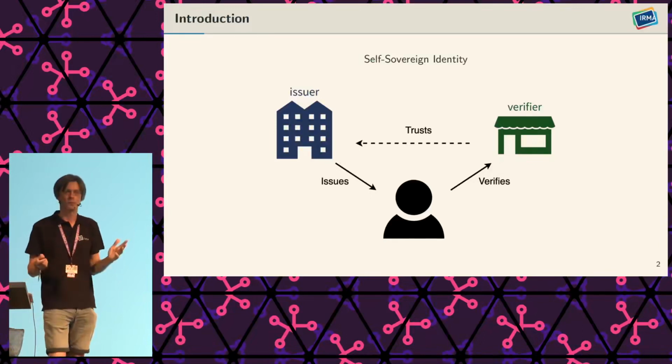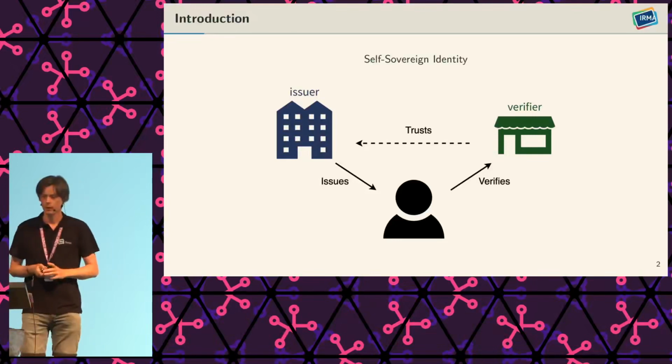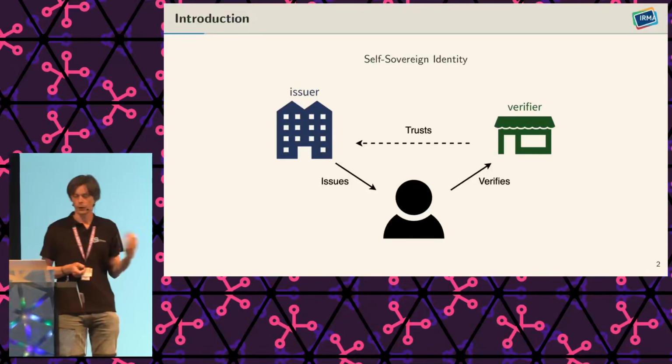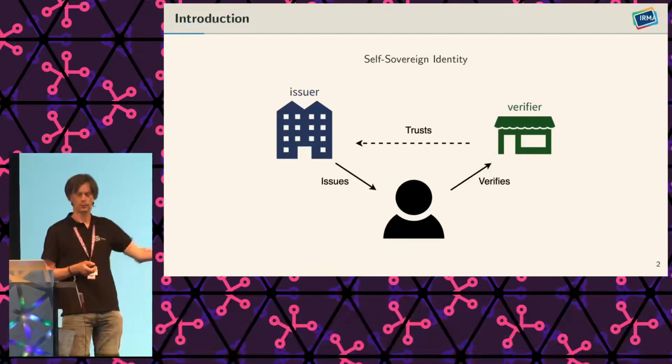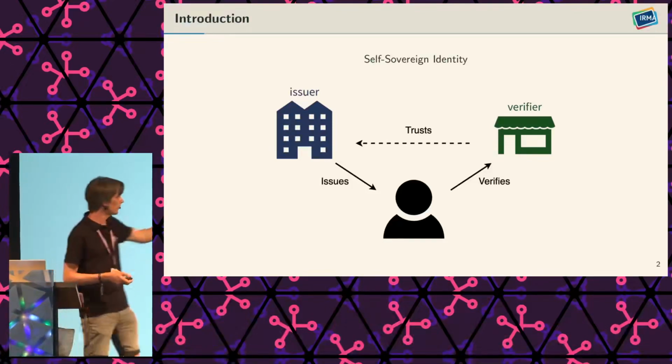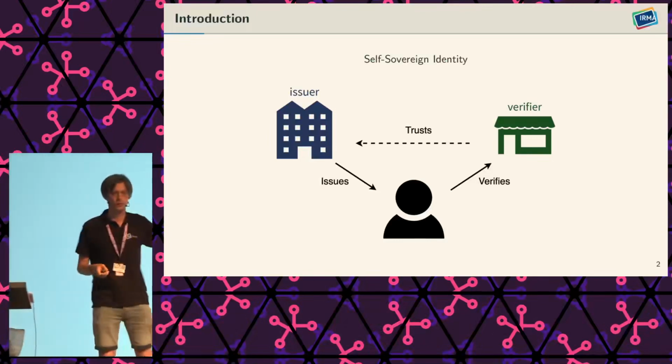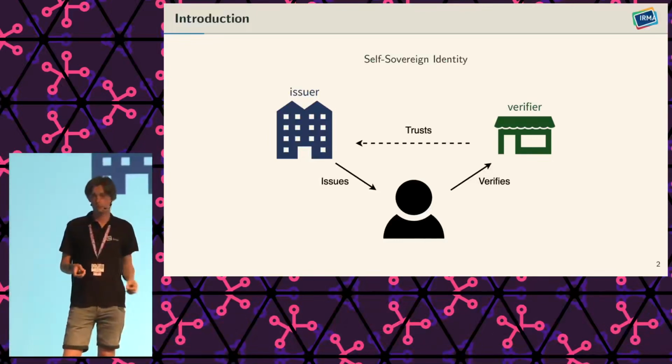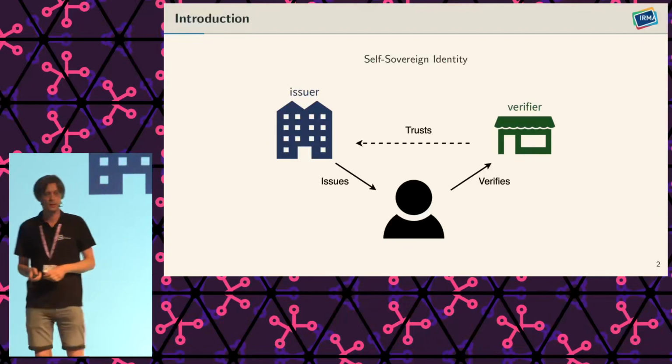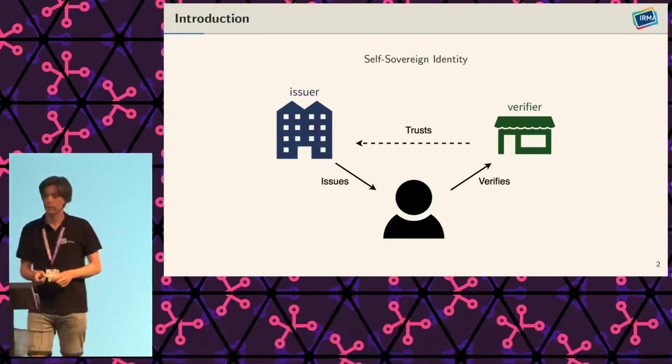Then the verifier decides you're authenticated and the thing can go ahead. So there's the holder in the middle, there's the disclosure part. There's also issuance, but in this talk we're mainly going to focus on the verification part because it's the most important part of Idemix and IRMA, and it's also the most interesting part.